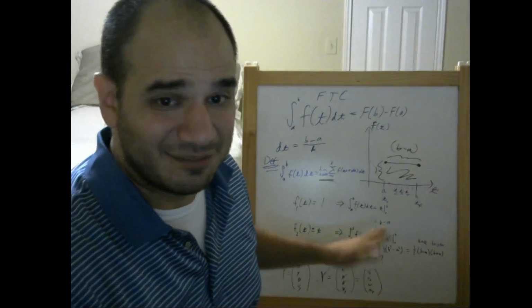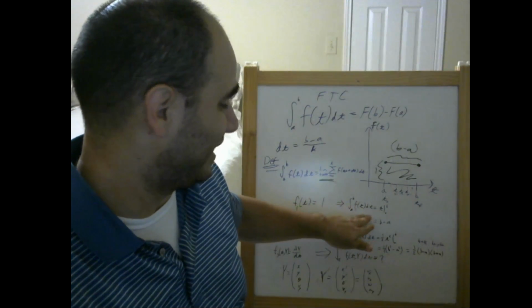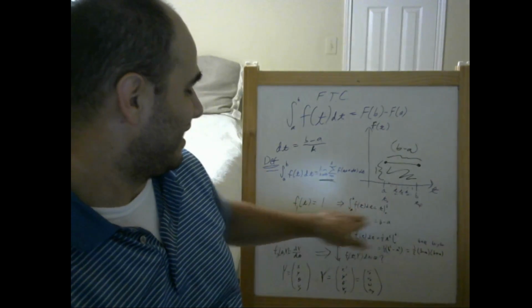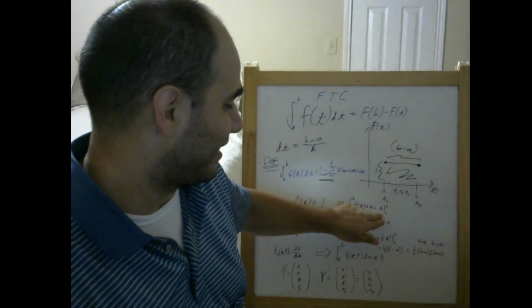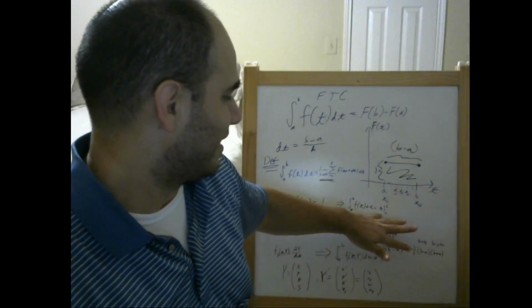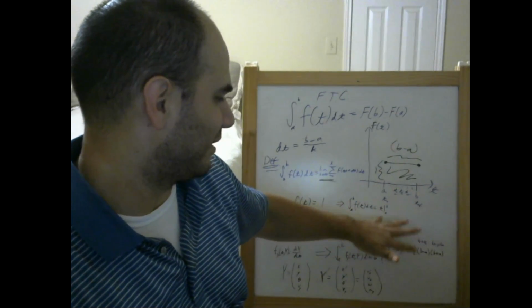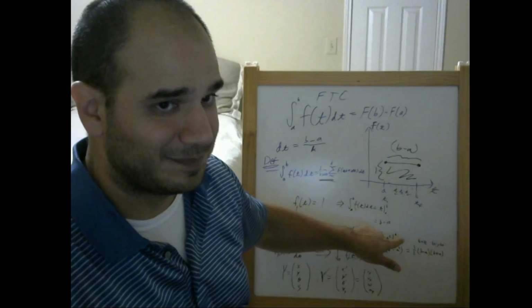So analytically, we have our solution. We have our integral from a to b of f1 of t dt. And the integral of a constant is going to be that constant times the variable of integration, so dt. And then we evaluate it from a to b. So t evaluated from a to b is b minus a.